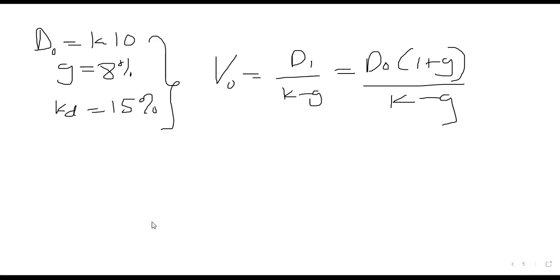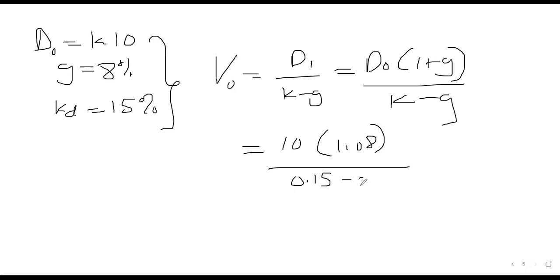So in this case, 10 kwacha, 1.08 over 15% minus 8%. So this will give us 10.8 over 15% minus 8%, which is 7%, which is 0.07. 10.8 divided by the answer.